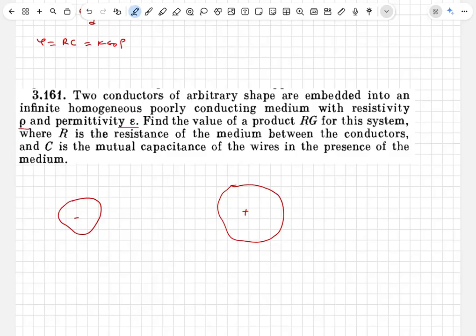What we will see is that generally the electric field lines are normal to the surfaces.